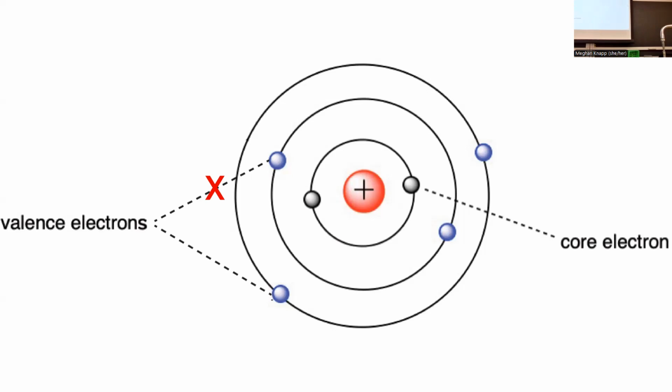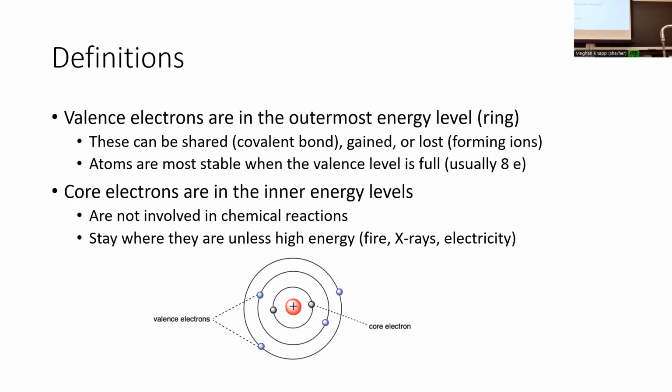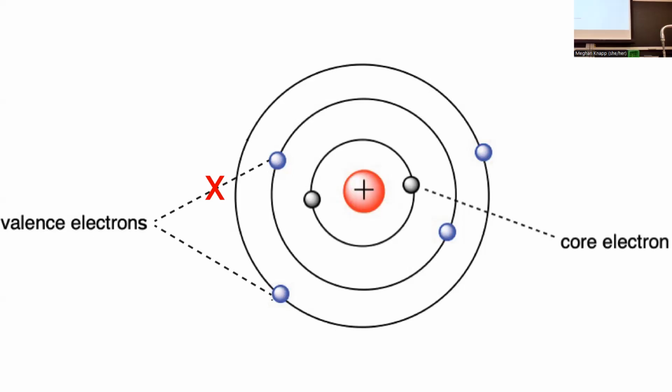Okay, so our valence electrons are the outermost energy level. And those can be shared, which would be a covalent bond, or they can be gained or lost, forming an ion. Now, later in this chapter, we're going to be getting to drawing dot structures.